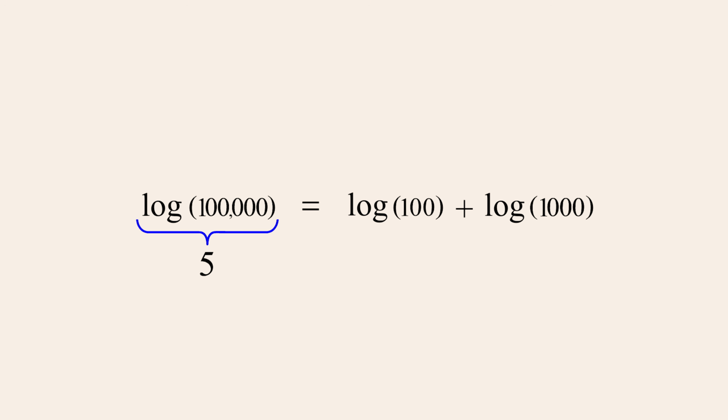Likewise, the logs of 100 and 1000 are 2 and 3. And since 2 plus 3 is 5, we can see that this rule of logarithms works since taking the log of x1 times x2 produces the same result as adding the logs of x1 and x2.